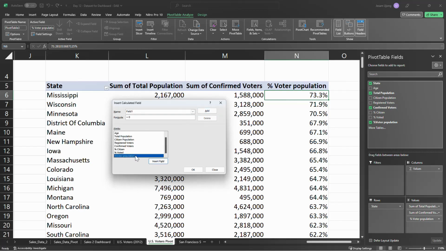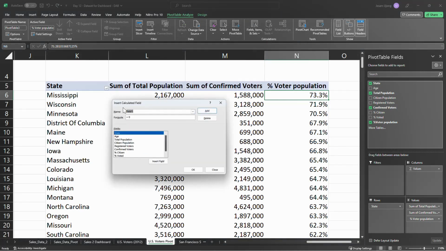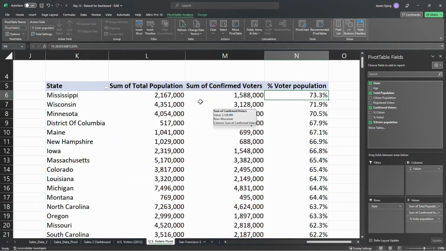Oh no, sorry, that's not what you do. Once you go to calculated fields, where you see name, you see this drop down option. You now select the other one you created, voters population. You can clear the formula and put the correct formula. Then it would adjust.